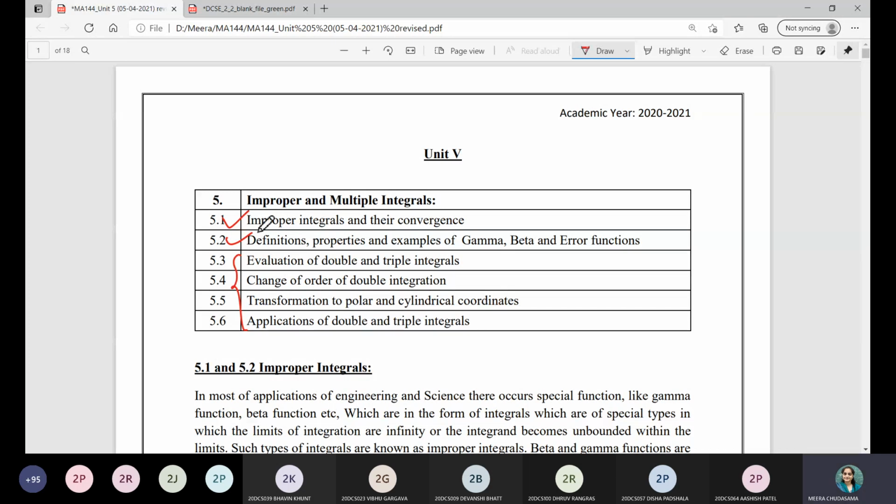So now we have to start with the improper integrals and their convergence, as well as beta, gamma and error functions, which have certain special definitions, special integration definitions containing integration. So these are some special definitions and we call them functions. So gamma function, beta function and error function will be part of your next topic.